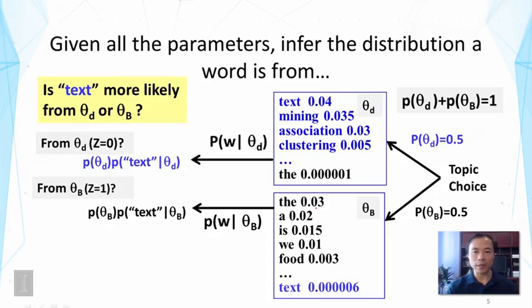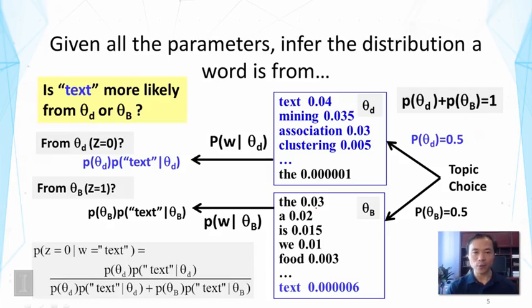Then we can simply normalize them to have an estimate of the probability that the word text is from theta sub d or from theta sub b. And then equivalently, the probability that z is equal to 0, given that the observed evidence is text. So this is an application of Bayes' rule. But this step is very crucial for understanding the EM algorithm.